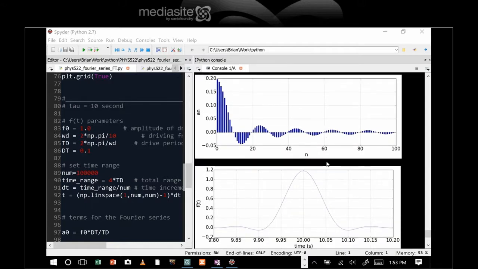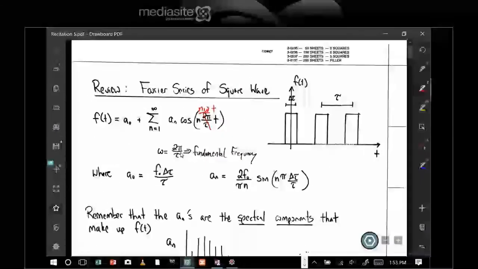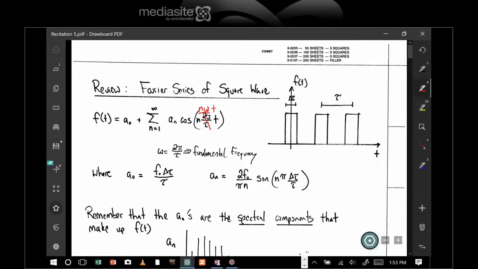But going back to my notes, think about the frequencies of those spectral components. The frequencies of the spectral components are going to be n times omega, where omega is equal to 2 pi divided by tau.